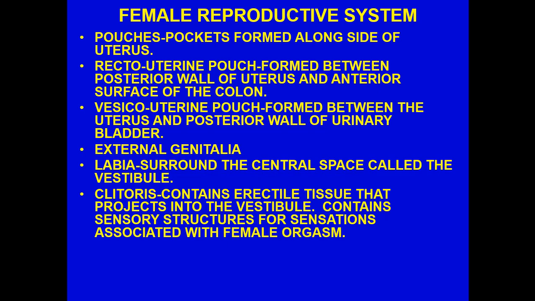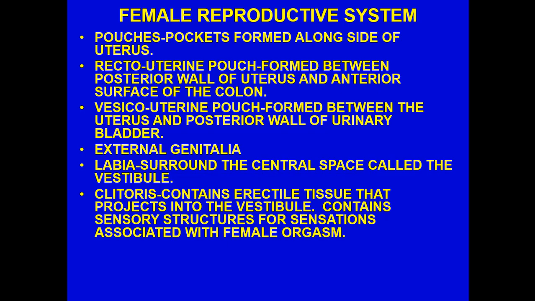And so what I mean by that is you have these structures, the rectouterine pouch, which is formed between the posterior wall of the uterus and the anterior surface of the colon. And we have the vesicouterine pouch, which is formed between the uterus and the posterior wall of the urinary bladder. Because we have structures that are around there, we're going to get into also the ligaments that help stabilize everything. But I wanted you to be aware of some of these pockets and pouches, etc.